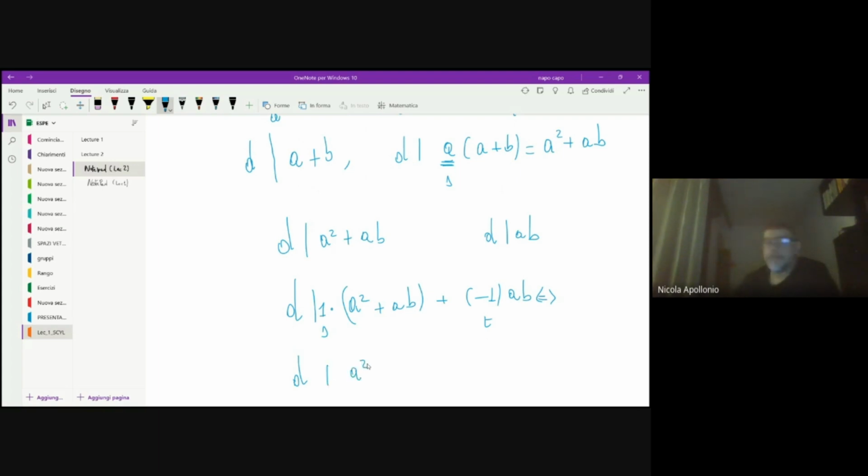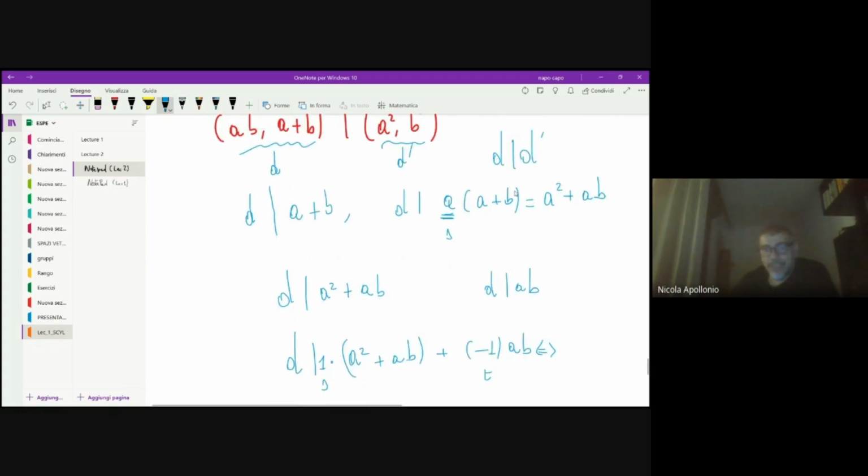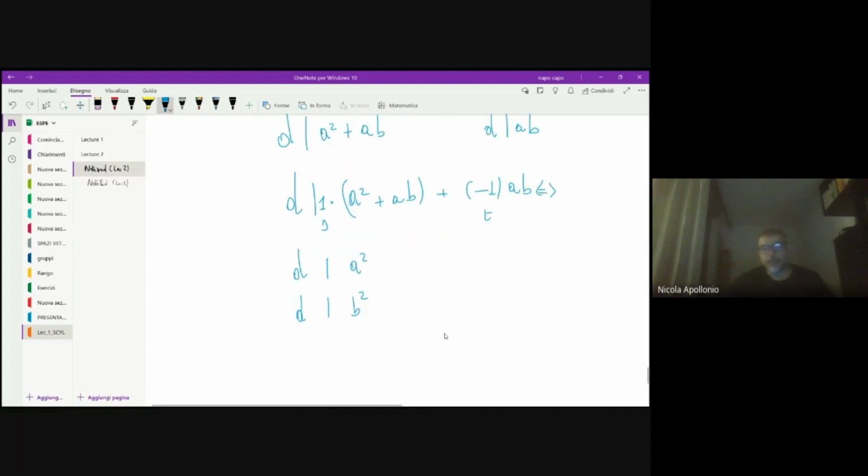A squared. And exactly for the same reason, D divides B squared, which is the only difference, and you have to change the linear combination, choosing B rather than A for S, and you get B squared plus AB, and you repeat exactly the same argument to get the same conclusion.